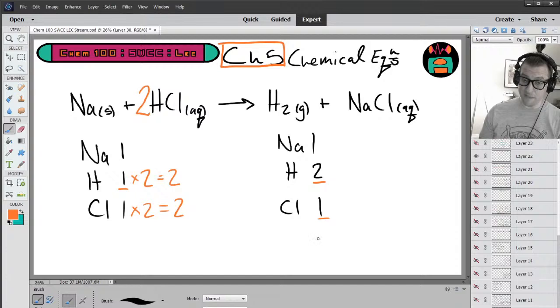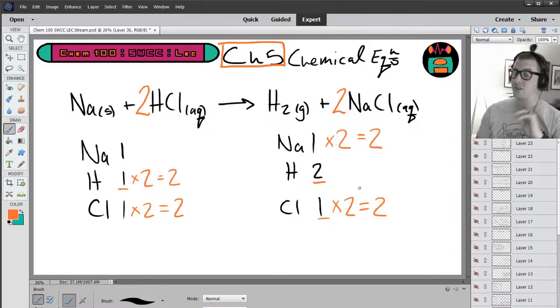I fixed something, I balanced H, but I've unbalanced Cl in the process. So let's go back to the product side. The only way to get 2 chlorines on the product side is to multiply sodium chloride NaCl by 2. In doing so, I change both my chlorine count and my sodium count. Now I have 2 chlorine and 2 sodium on the product side.